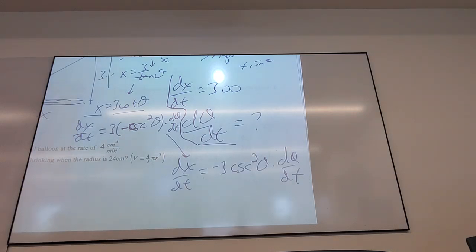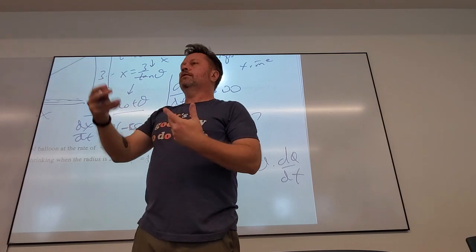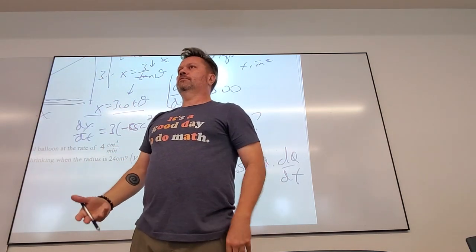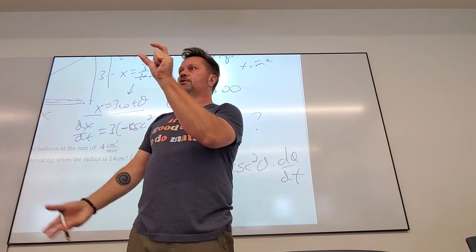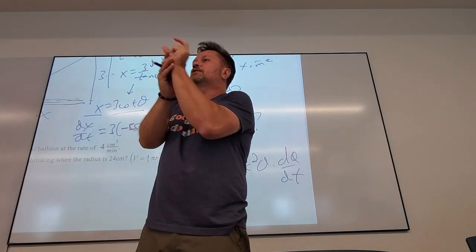So the derivative of cotangent of something is negative cosecant squared of something times the derivative of that something. That's why it's times d theta dt at the end. Yeah, good. I just thought of it as chain rule. Totally, that's all implicit is: chain rule. Because the inside function is more than just a function of x, or in this case, a function of t. It's a function of t instead of just being t.